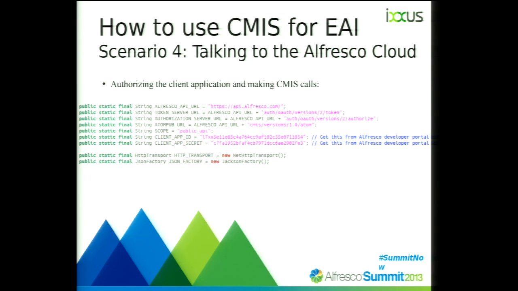If you're going to use it, there are only two files. At the beginning of one file, you need to take the stuff from your developer portal, swap it in here, and then you can start using OpenCMIS like you usually do.